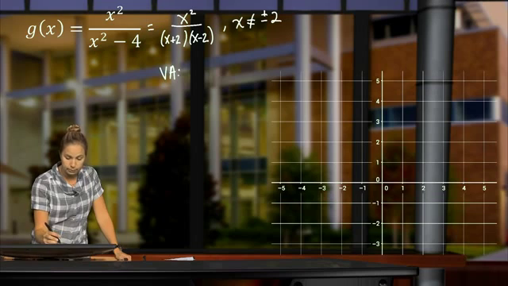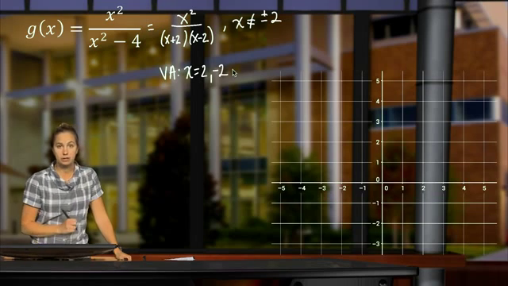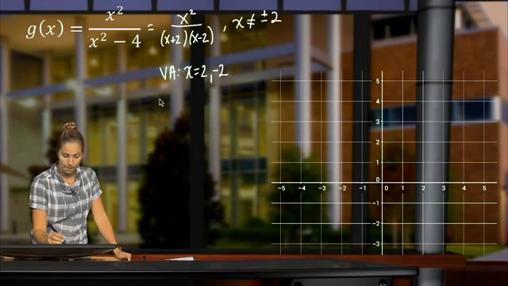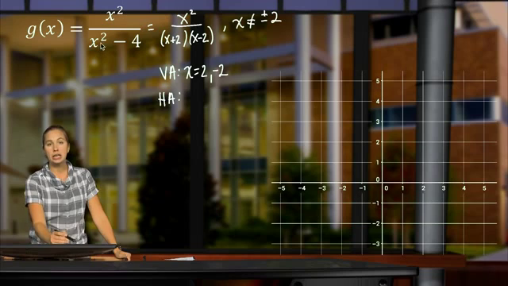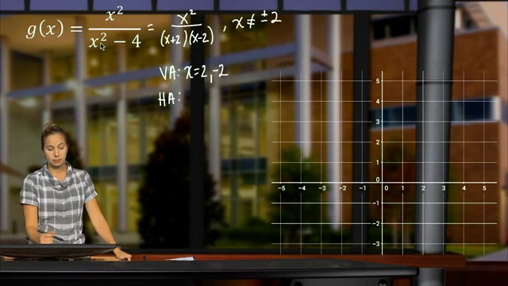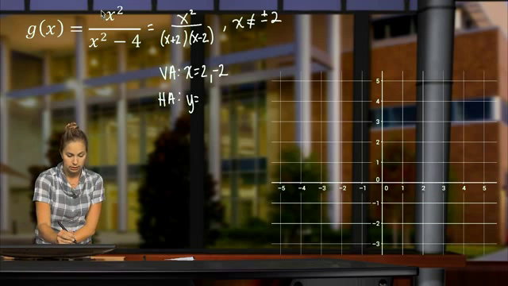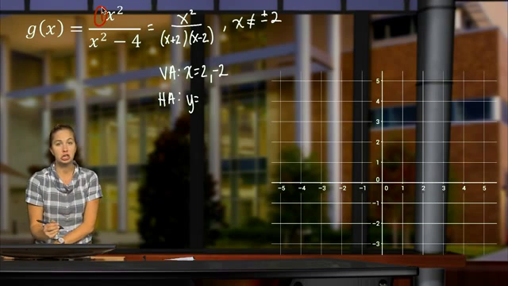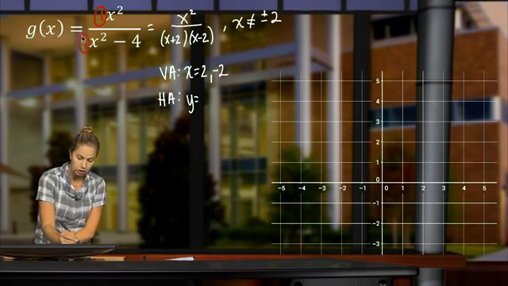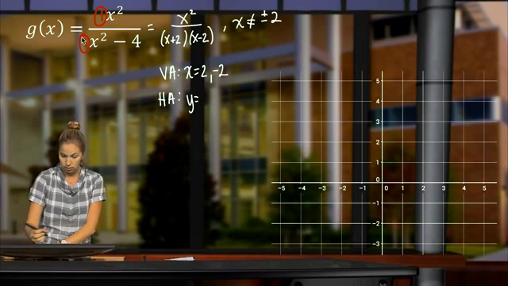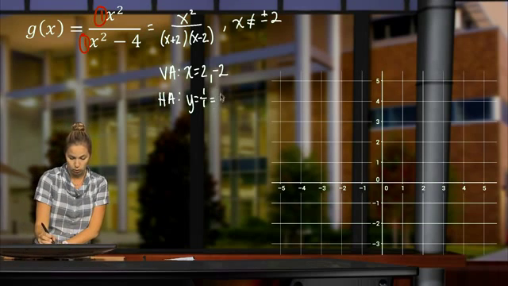My vertical asymptotes are at x equals 2 and x equals negative 2. Since my degrees are equal, I'm going to have a horizontal asymptote at the ratio of our lead coefficients. So my lead coefficient in the numerator is 1. The lead coefficient in the denominator is 1. So it's 1 over 1 or just 1.